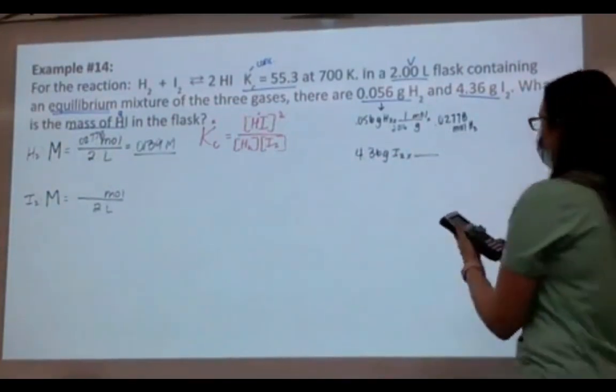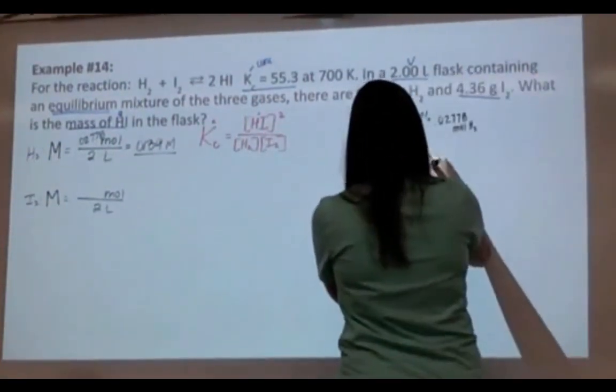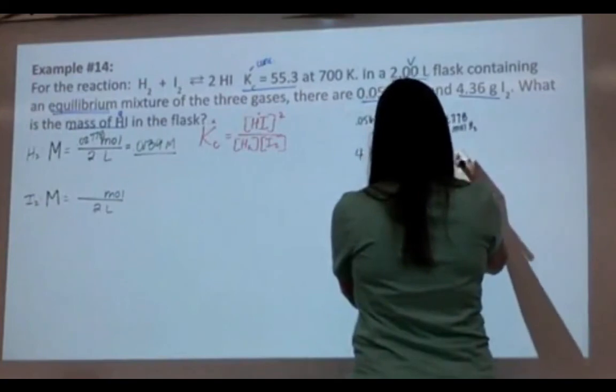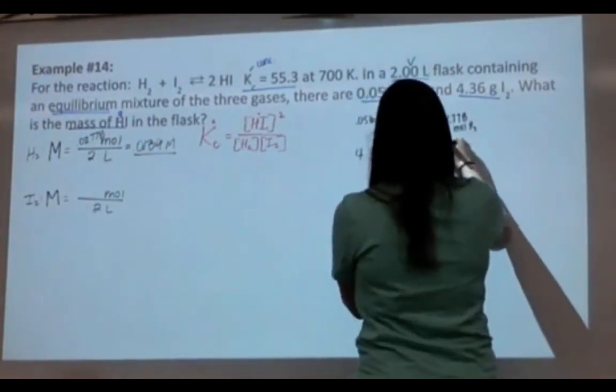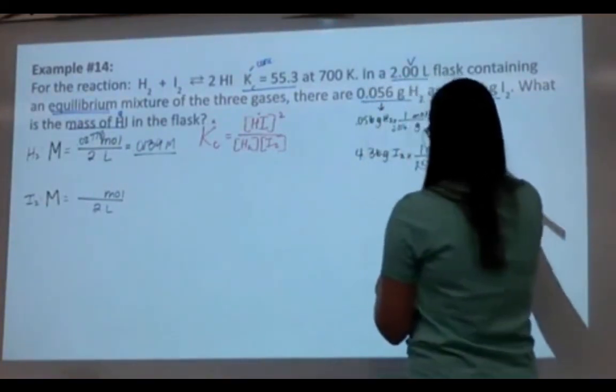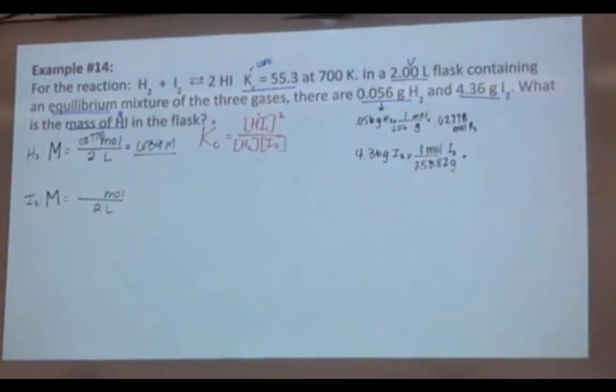126.91 times 2 is 253.82 grams for 1 mole of I2. Again, it's I2. Iodine is diatomic.